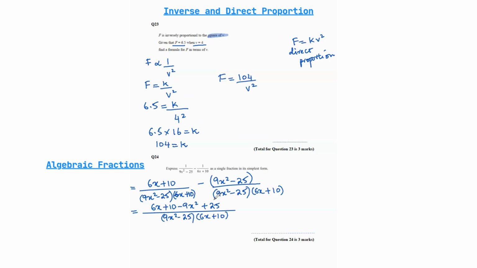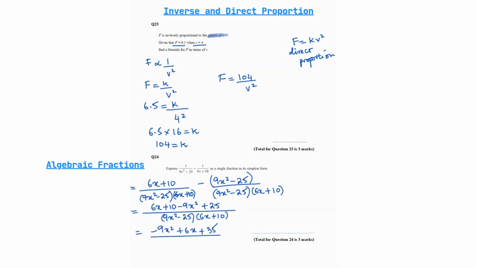So it becomes minus 9x squared plus 25. So 6x is the same, minus 9x squared is the same, and what changes is 25 plus 10, which is 35. So this is what we have.